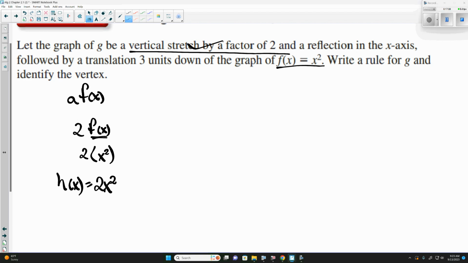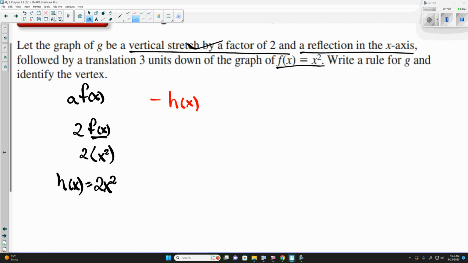The next one is a reflection in the x-axis. And our reflection across the x-axis is our negative f of x, because that's how we define them all in f of x. Negative in front of the function. But our function we're talking about this time is h of x. So we're saying negative h of x.